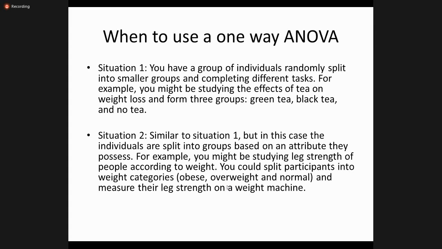So in this second case, the three categories are obese, overweight, and normal. You can apply the same knowledge in different ways, depending upon the type of research and the objectives you want to achieve.